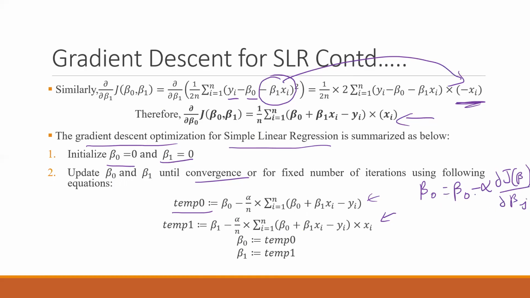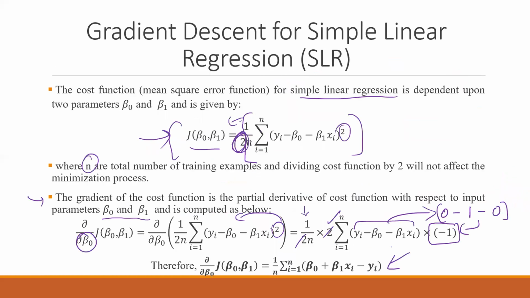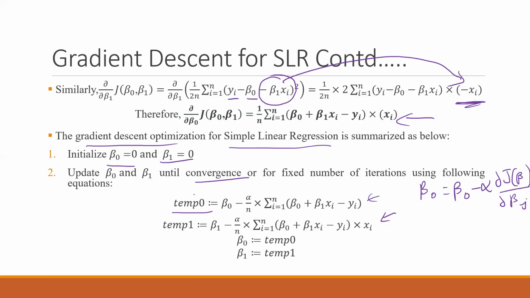We are doing the same thing here, beta naught minus alpha into 1 by n of this part. Let's say this was my equation 2. Equation 2 is being used in this one, and equation 3 is being used at this point.